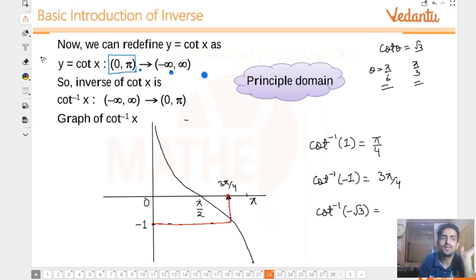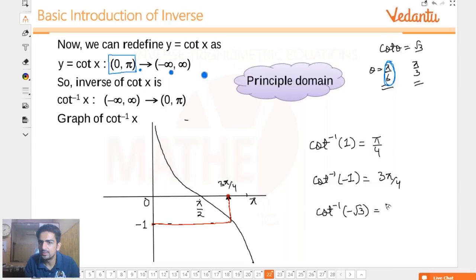So first of all, cot theta is root 3 for pi/6. Now, the rest of it is very simple. Cot is root 3 at pi/6. So it will be -root 3 at supplementary angle, pi minus pi/6. That is nothing but 5 pi/6.